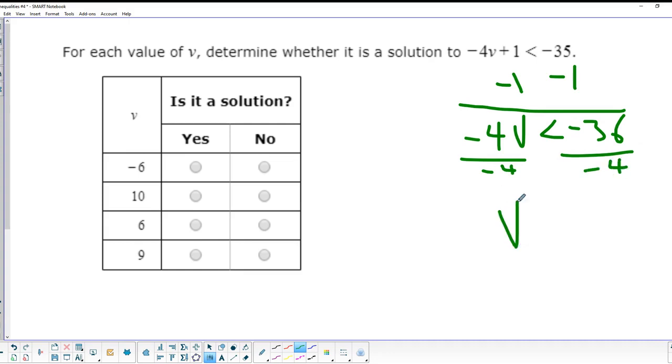So we take the variable, write it down, turn the inequality symbol the other direction, and -36 divided by -4 is +9. So we're looking for numbers that are bigger than 9. So if we come over here, 10 is bigger than 9. The rest of them are either less than or equal to 9, so the rest of them would be a no.